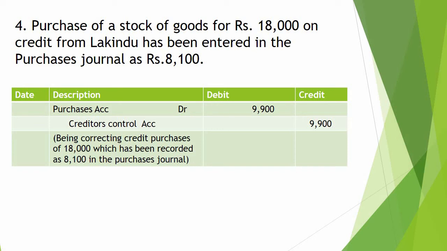The difference is 9,900 rupees. Therefore, the correction entry is purchases account debit 9,900, creditors control account credit 9,900. Remember to write the narration.